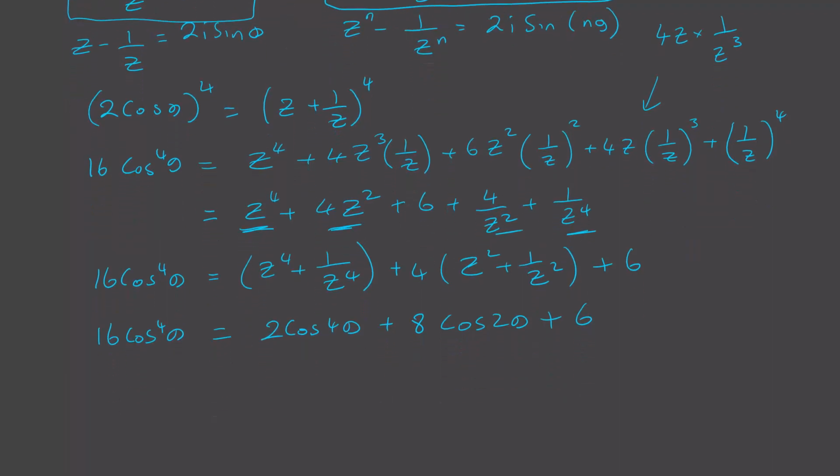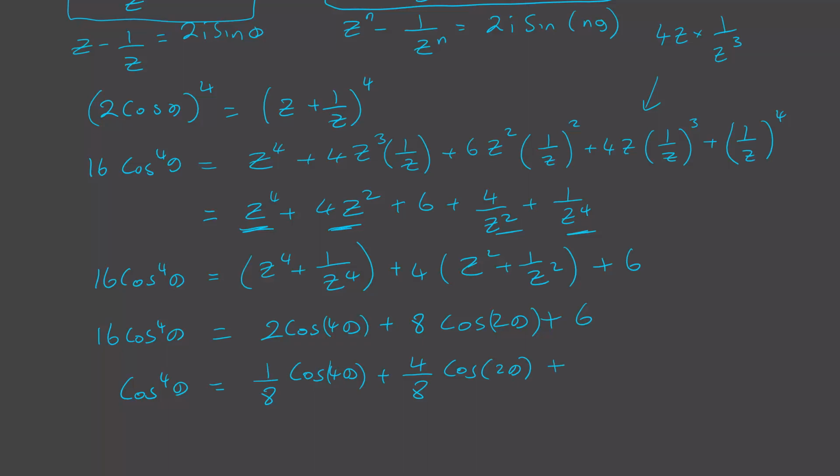And so cos to the 4 theta is going to be 2 over 16, so that's 1 over 8 cos 4 theta. And then 8 over 16, which we could write as 4 over 8 cos 2 theta.